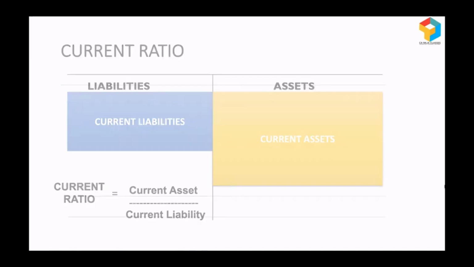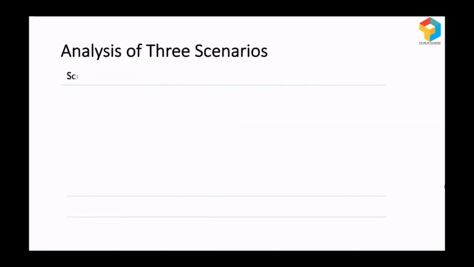Let me take you through those 3 scenarios. Look at this. Scenario 1. Here you see current asset as 600, let's say 600 million. Current liabilities as 300 million. So from this, what we can infer is this business has an obligation of 300 million to be settled within a period of 1 year, and for that they have corresponding resource, current asset of 600 million.